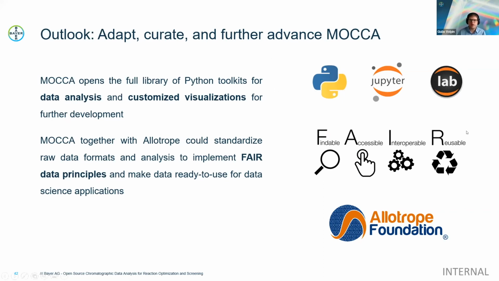We want to work with Python, with JupyterLab, with these types of data analysis and data science toolkits, which have a broad user base, in order to fuel further developments and really democratize the type of work that we do, and make it more accessible, not only to our partners within industry, but also to academia. So we get young people more and more involved into thinking about chemistry with a digital mindset.